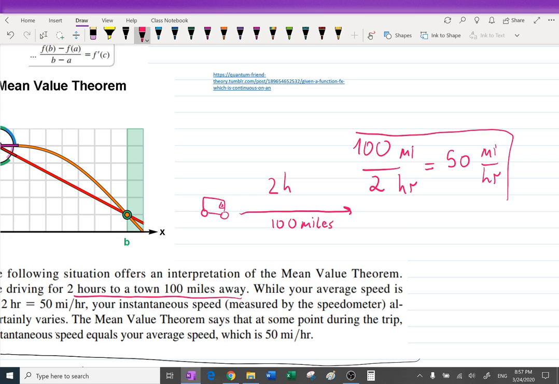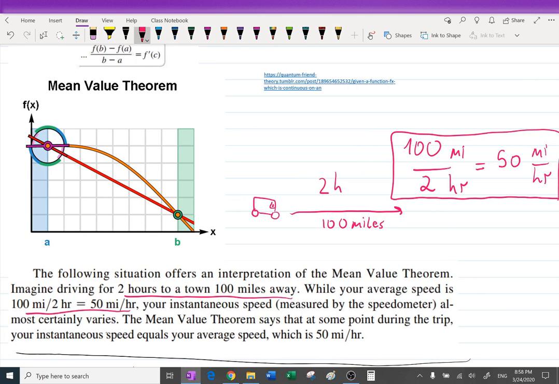This phrase, miles per hour, you hear it so many times. That indicates your average speed, right? So on average, you're driving 50 miles per hour.